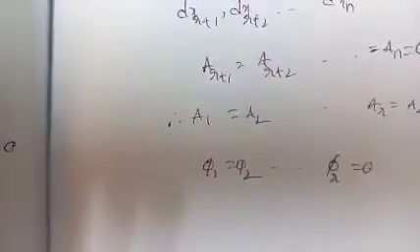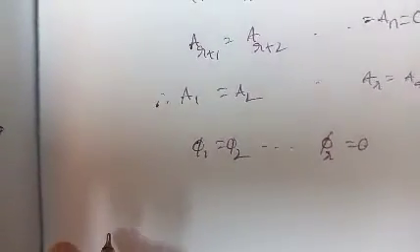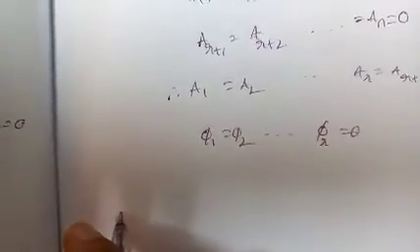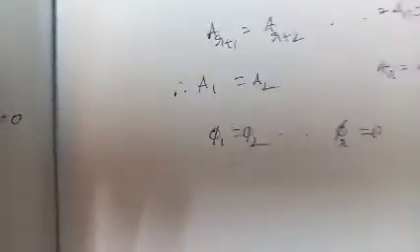Therefore the possible values of u are obtained by determining the multipliers. What are the multipliers? Lambda 1, lambda 2 and so on lambda r, from how many equations? n plus r equations.